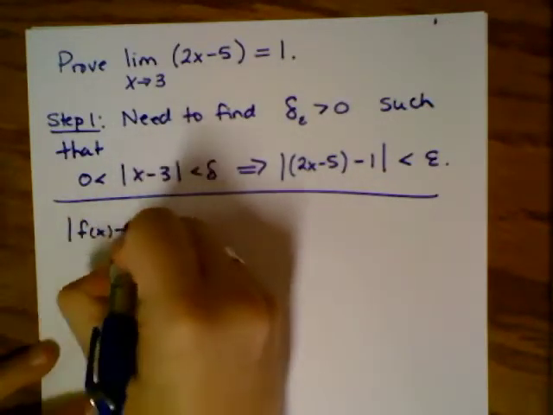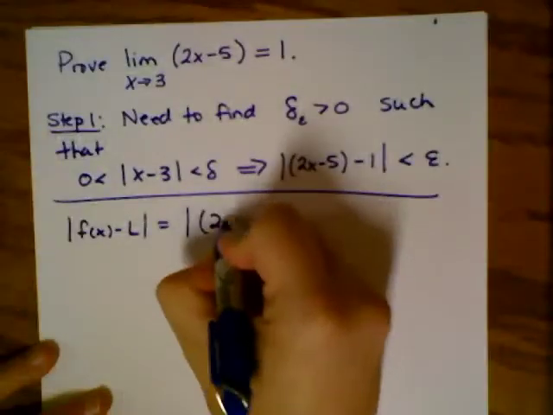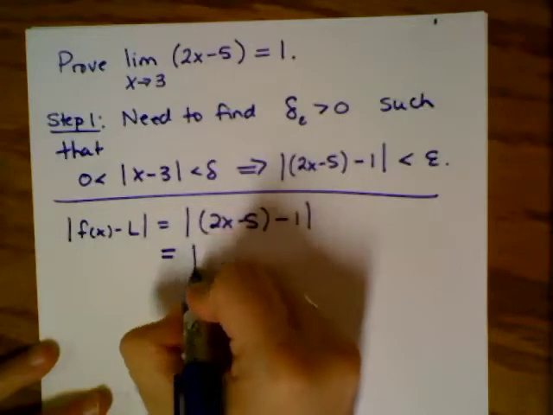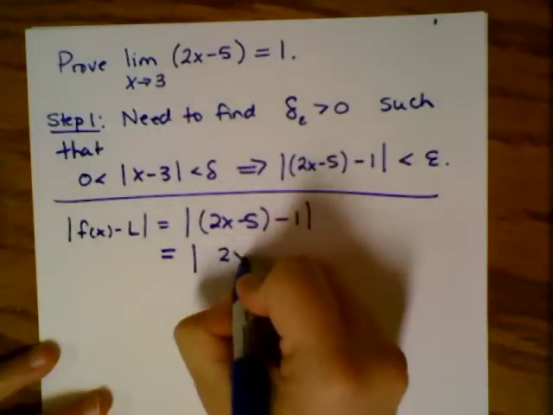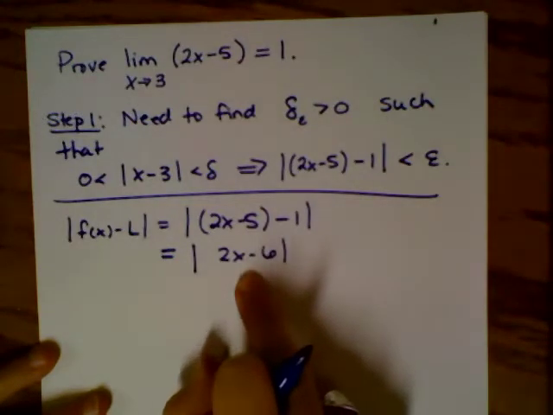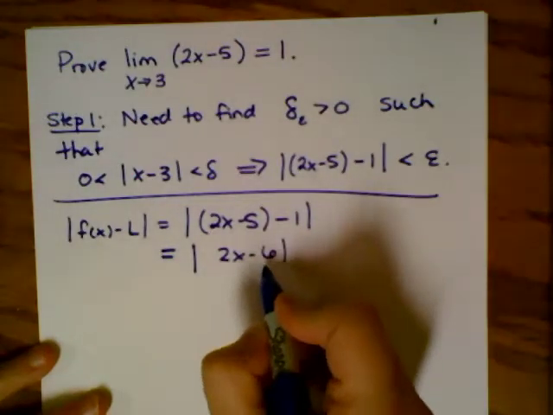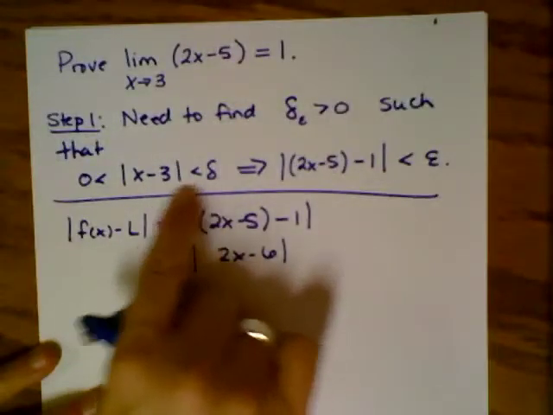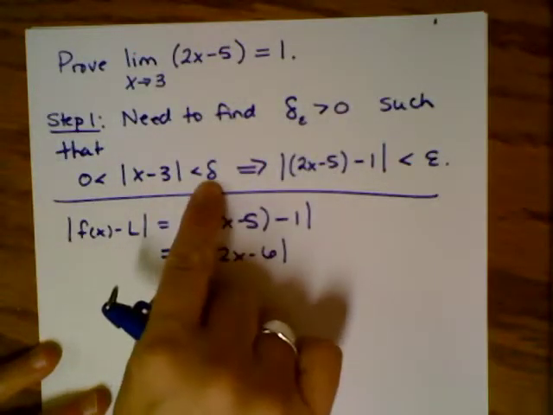We start by looking at f of x minus L, which is our 2x minus 5 minus 1. We simplify the expression inside the absolute value. And we're trying to find a connection between this simplified form, 2x minus 6, and this expression that estimates the size of delta.